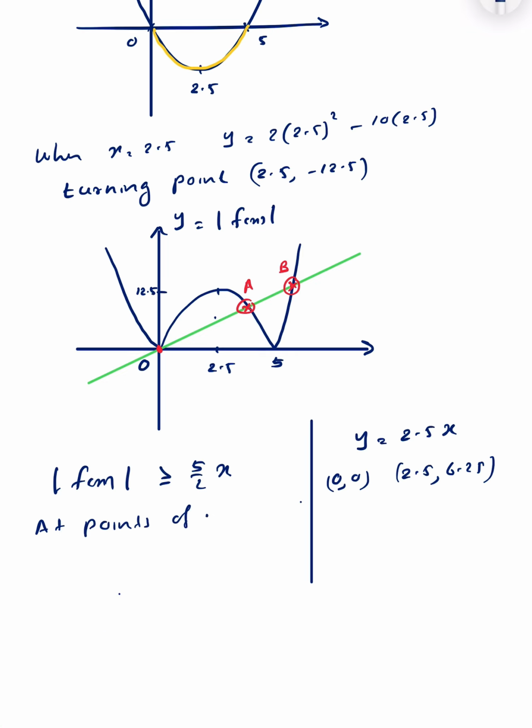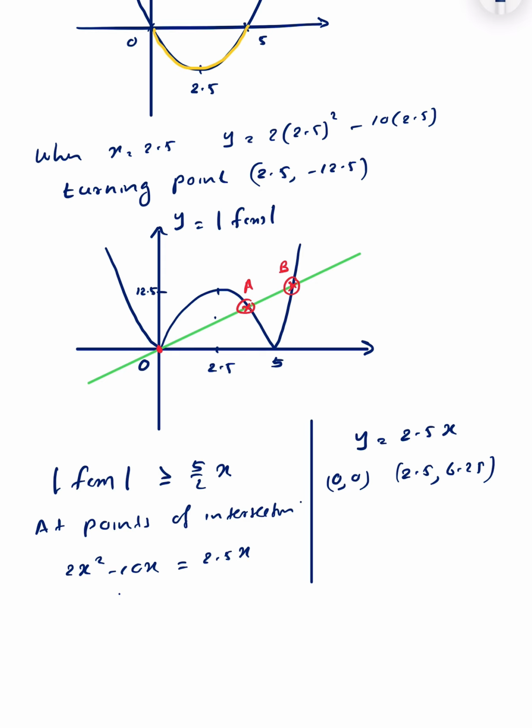At points of intersection, we could say the original part of the graph stands for 2x square minus 10x being equal to 2.5x.